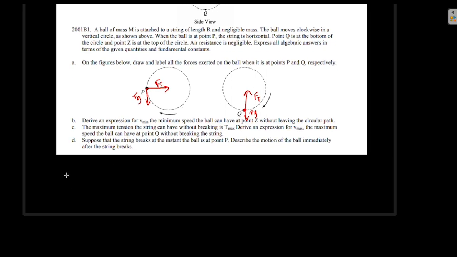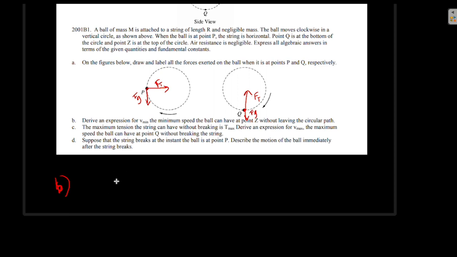Derive an expression, part B, for V min, the minimum speed the ball can have at point Z, so the top of the circle, without leaving the circular path. Basically this is when the force of gravity is the only thing supplying the centripetal force, and the force of tension is 0.